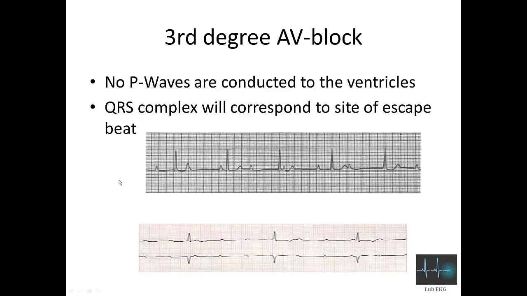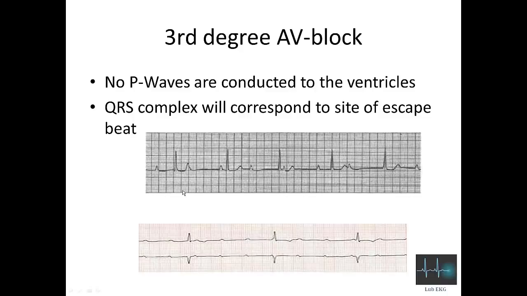Meaning that there is no connection between the atria and the ventricle. Nothing. They work totally independent from each other. It means the atria is living its life and the ventricle is going on living his life. Same here. P, P, QRS, P, P. So the P waves are regular.